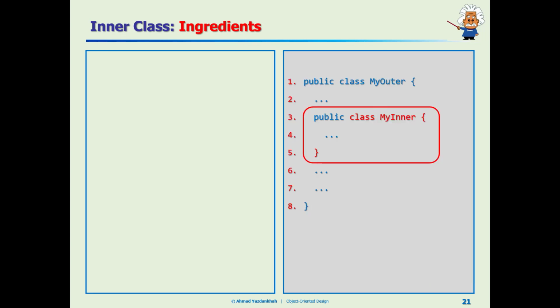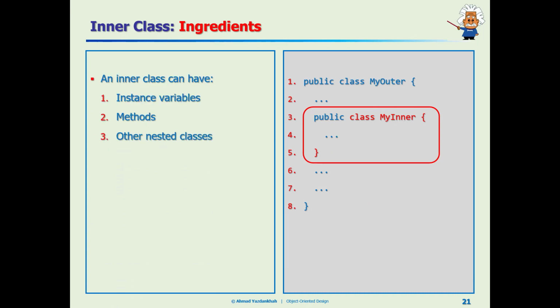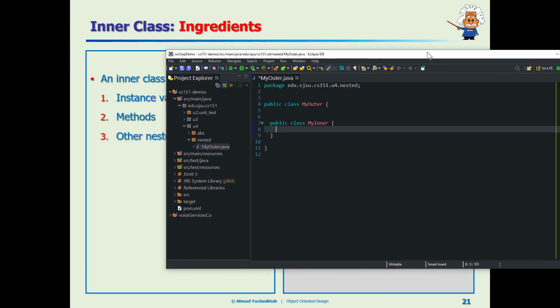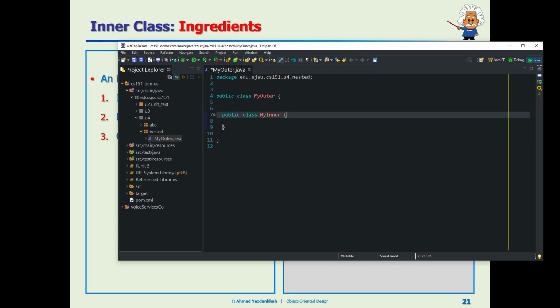Let's follow the lecture notes and see what we need. An inner class can have instance variables, methods, and other nested classes. What does it mean? Because it's a class, right? So we can create, let's say, a private String name equal to Tom. This is an instance variable for our inner class.